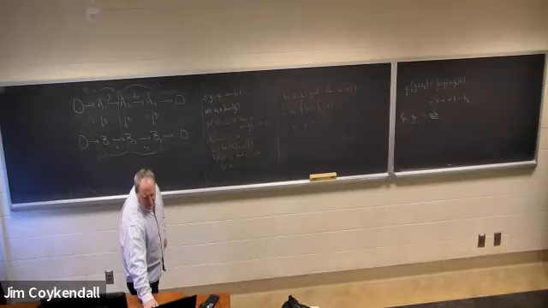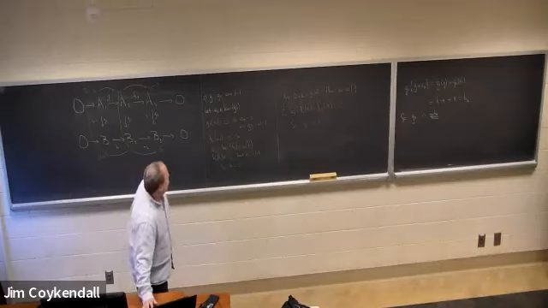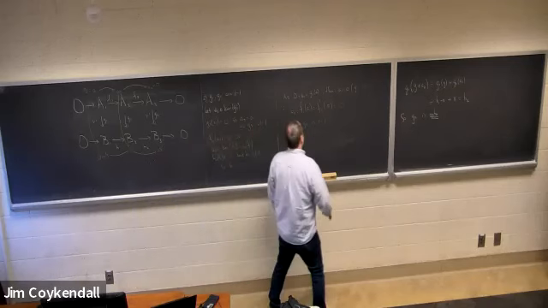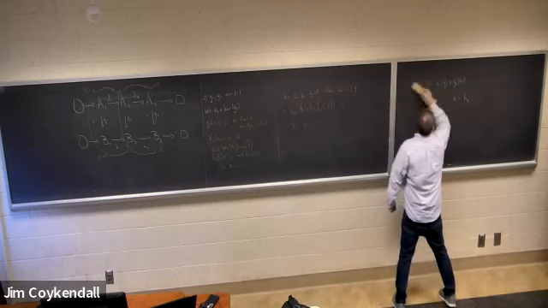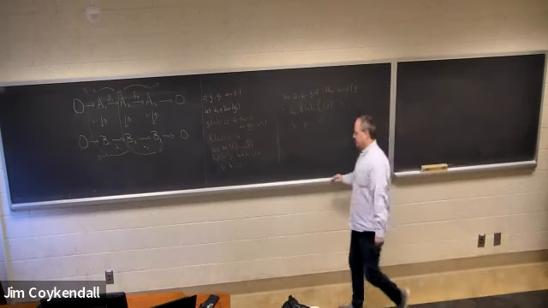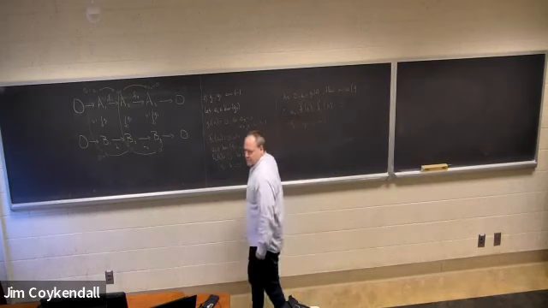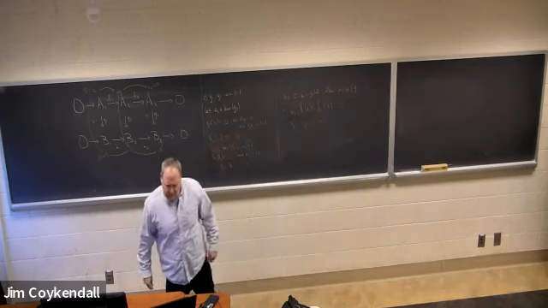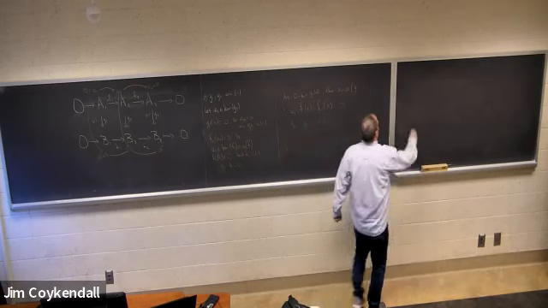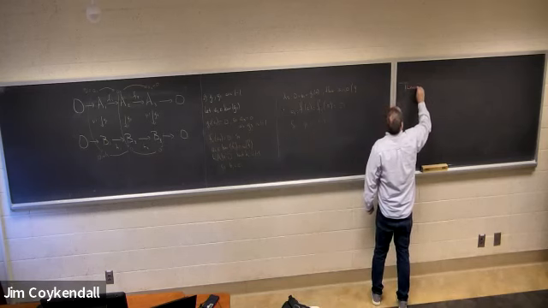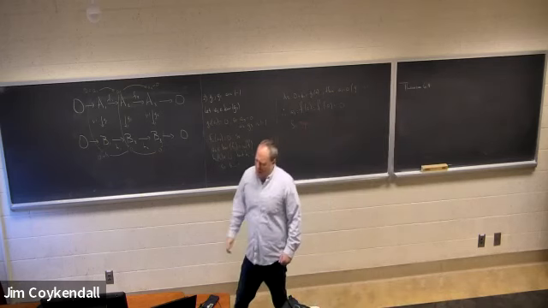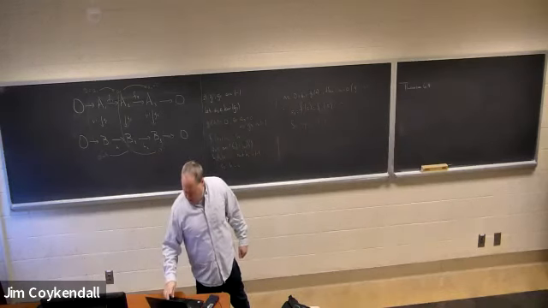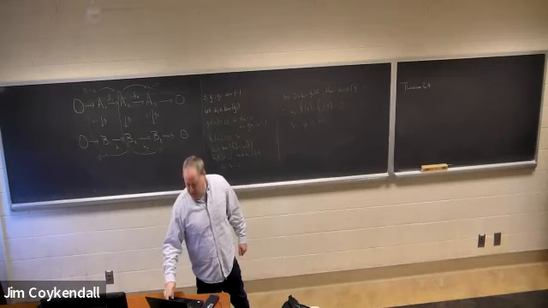Okay, so now it's time for Hollywood squares. So we're going to consider the following diagram of R module homomorphisms, a commutative diagram.